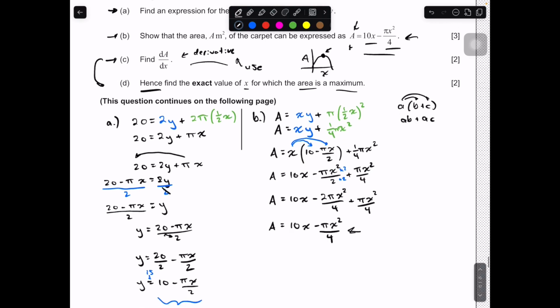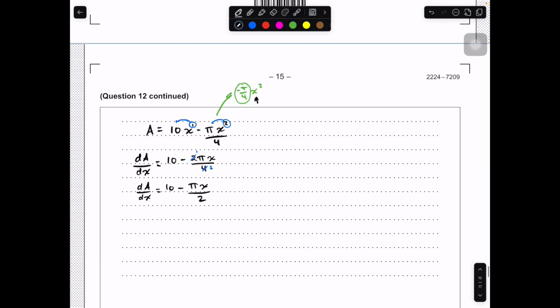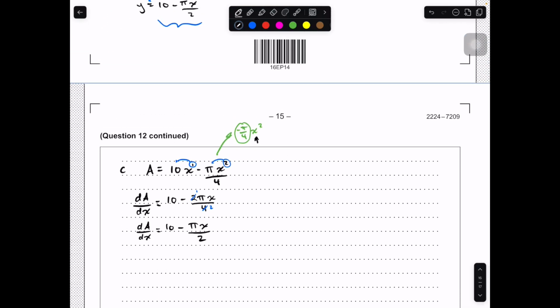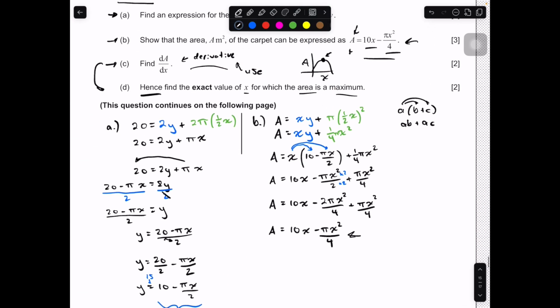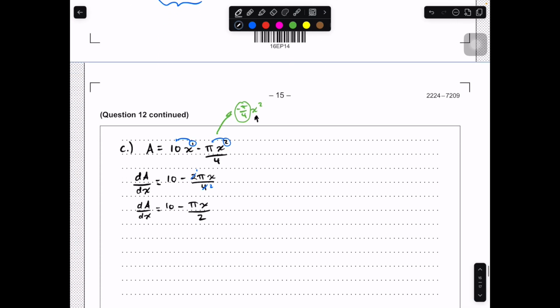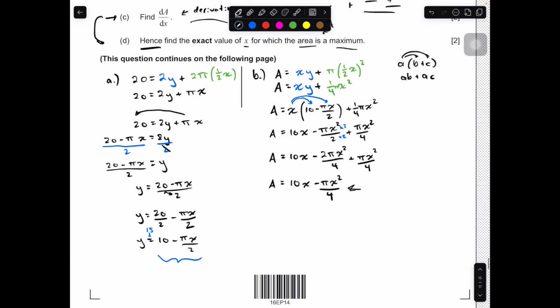Okay, let's use the derivative, however. That's what they're asking us to do. Let's label this as C. I believe it was C. And let's go to question D. So we know that the derivative dA over dx is equal to 10 minus πx over 2. And, sorry, is it πx?